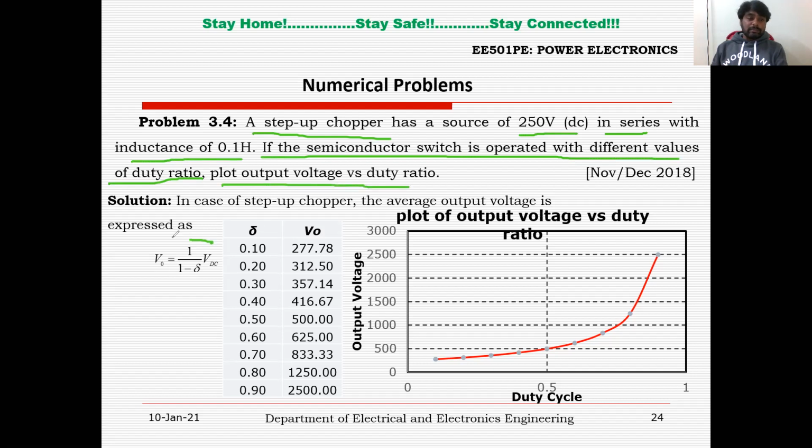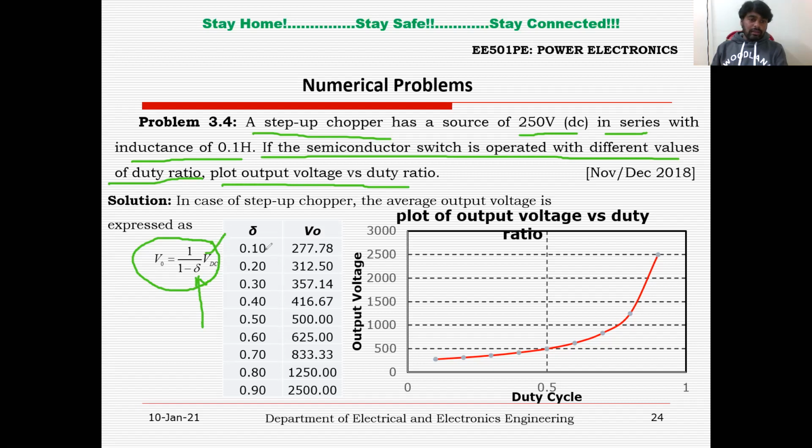So we know in case of step up chopper, this is the average output voltage expression, right? So he has to calculate the relation between the output voltage and the duty ratio, right?